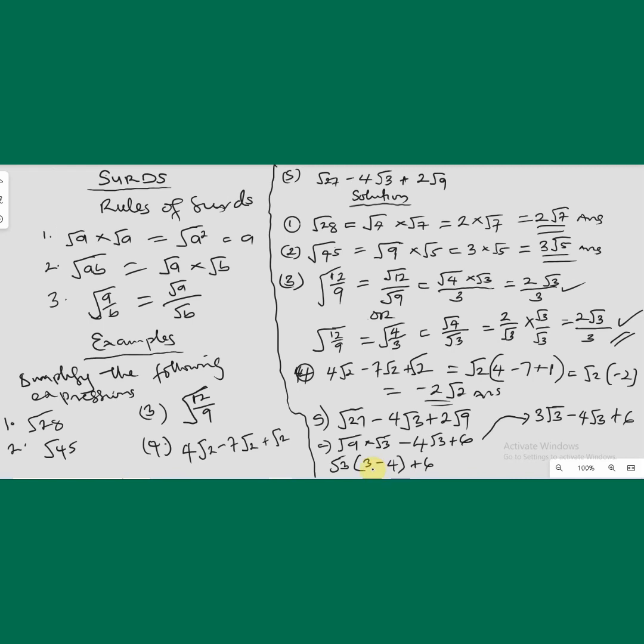So I'm going to simplify by saying 3 minus 4 will give me minus 1. That minus 1 multiplied by square root of 3 will give me minus square root of 3 plus 6, which is the same thing as 6 minus square root of 3. So this is the answer.